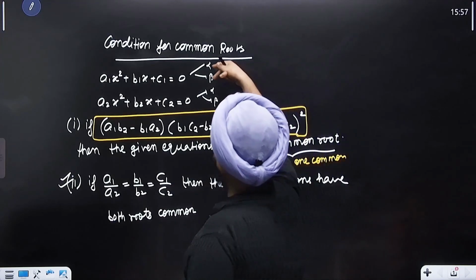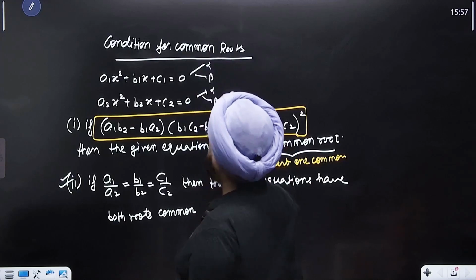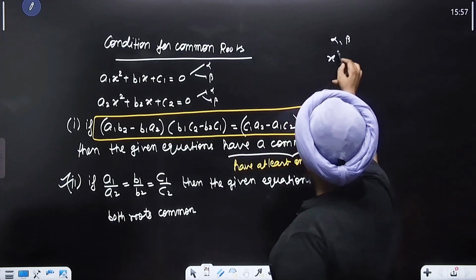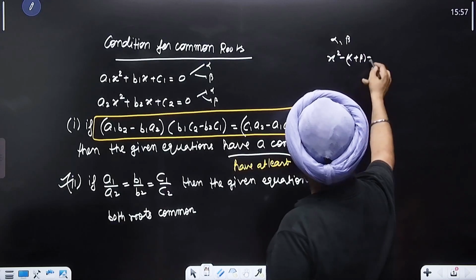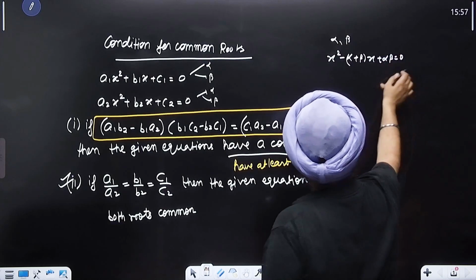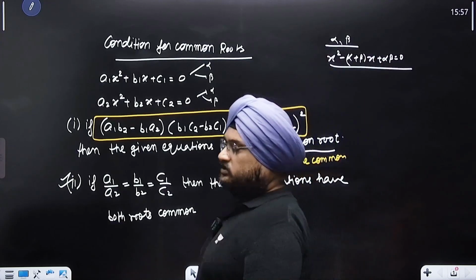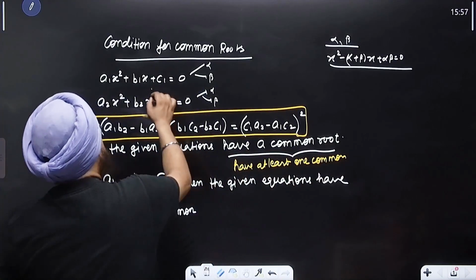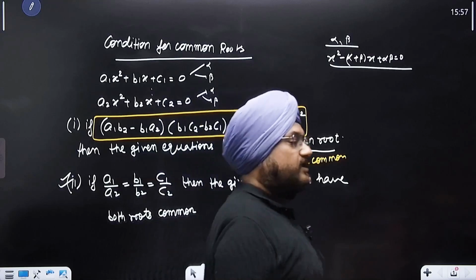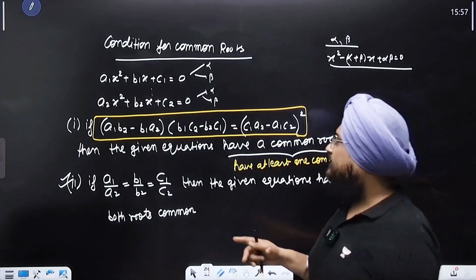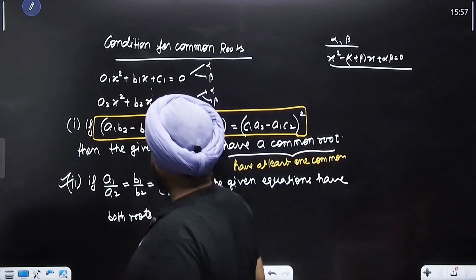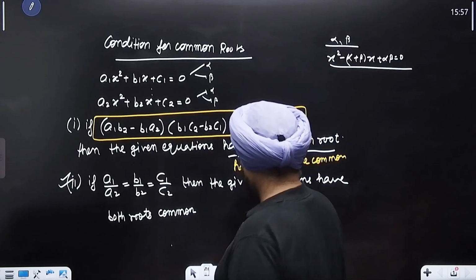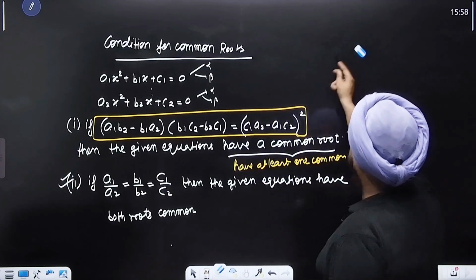Because if an equation has roots alpha and beta, how can we write it? x square minus (alpha plus beta) x plus alpha beta. So the quadratic equation having two roots alpha and beta is unique. So these two equations are exactly the same. If the two equations are the same, then the ratio of the coefficients is the same. So a1 upon a2 will be equal to b1 upon b2 will be equal to c1 upon c2.